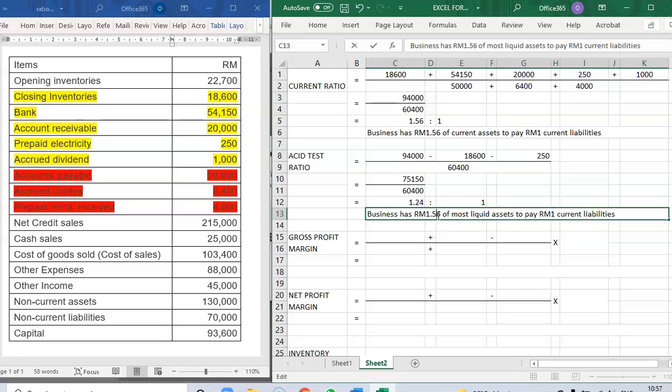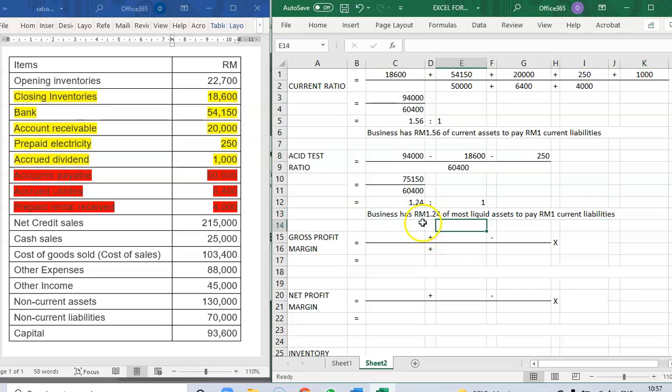And the total is 1.24. So you have the explanation: the business has 1 ringgit and 24 sen of most liquid assets to pay 1 ringgit of current liabilities. So you must use the word most liquid assets.